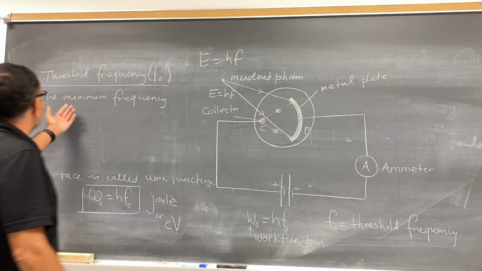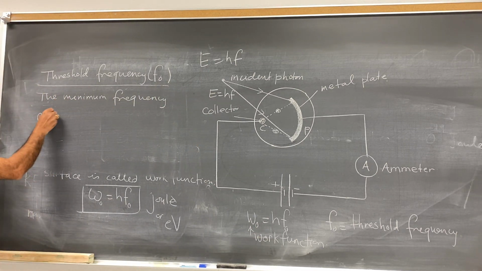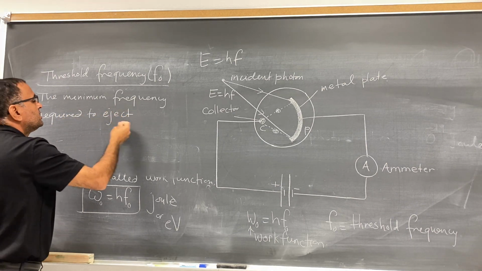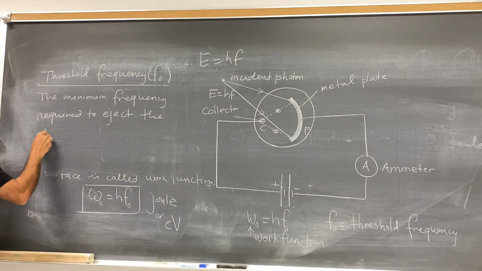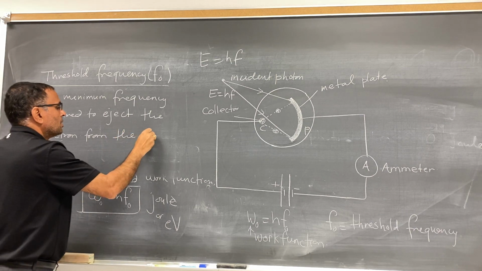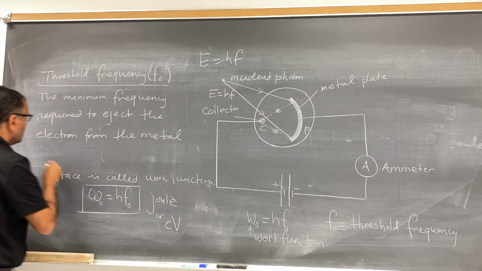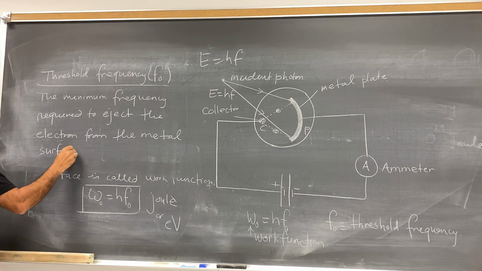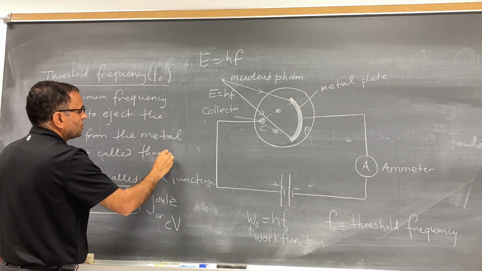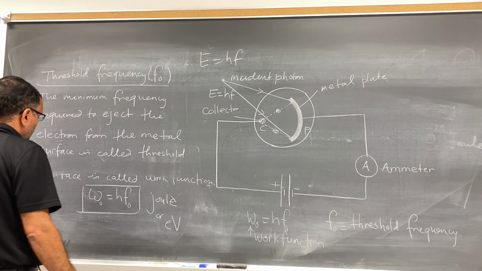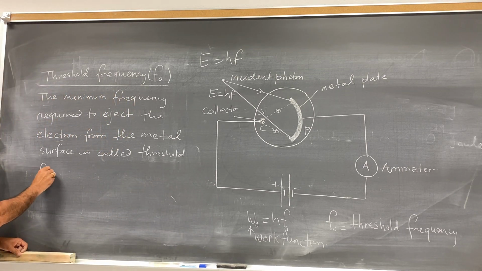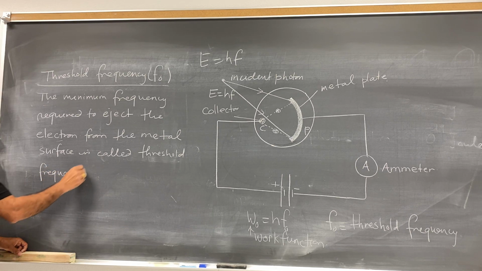So you can define it as the minimum frequency required to eject the electron from the metal surface, which is called the threshold frequency f of 0.